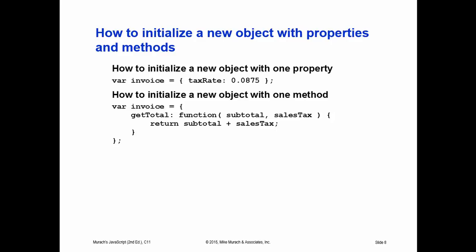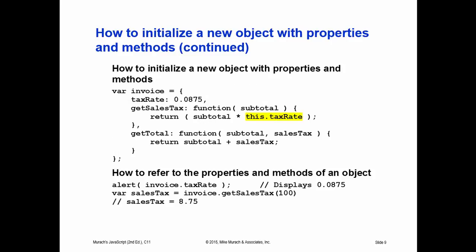Inside of the method, the value of the this keyword usually is the object itself. And you can also nest one object inside of another object. Again, the idea behind this presentation is to give you an introduction to this.